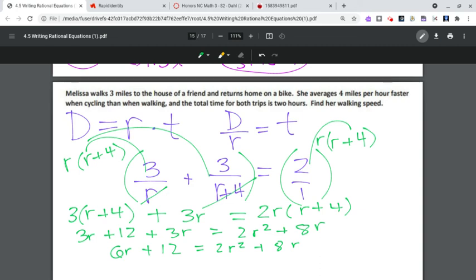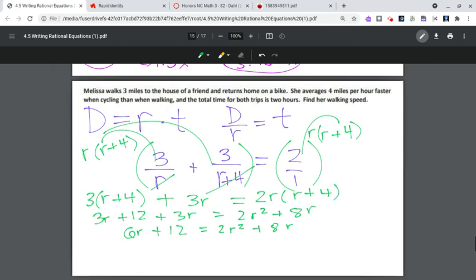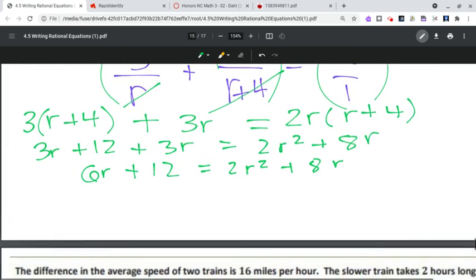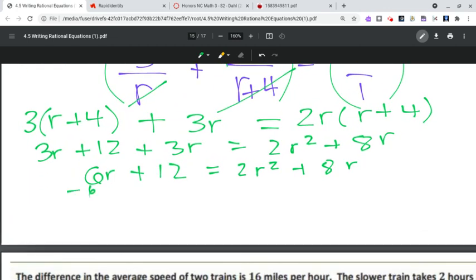Bring everything to the right-hand side. Set it equal to 0. So I'm going to subtract 6r, and I'm going to subtract 12. So we get 0 equals 2r squared plus 2r minus 12.